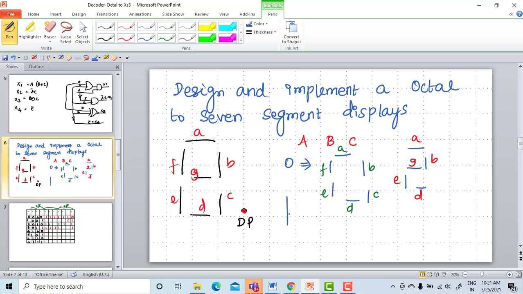And for 4, how will you write your 4? These two, this one and this one. No, I am writing it upside down, right?